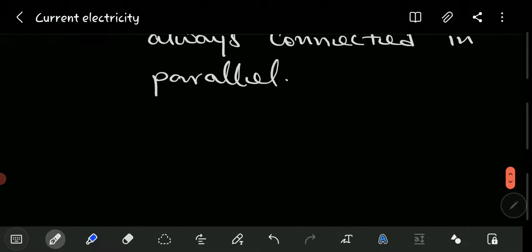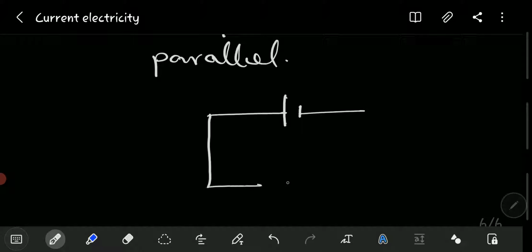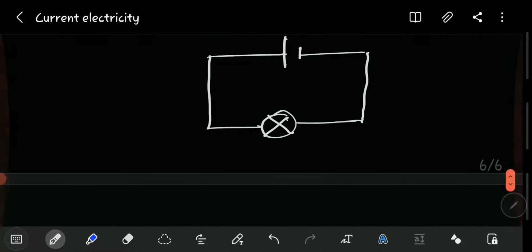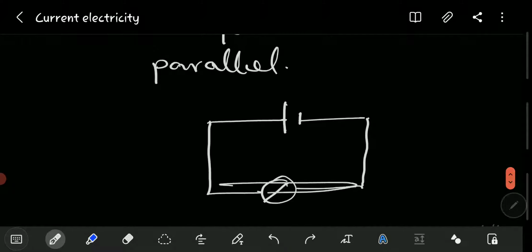What does parallel mean? In our previous example, when we looked at an ammeter, we said it is connected in series, and in series one terminal of the ammeter is connected to one circuit component while the other one is connected to another circuit component. In this particular case, if we have a cell connected to a lamp, allow me to move the diagram.